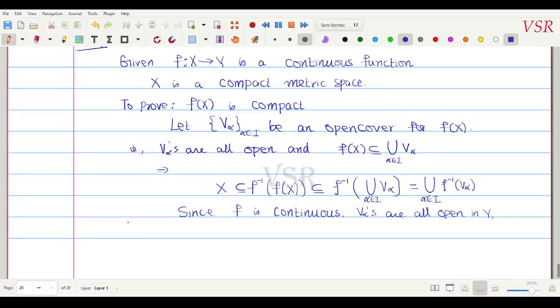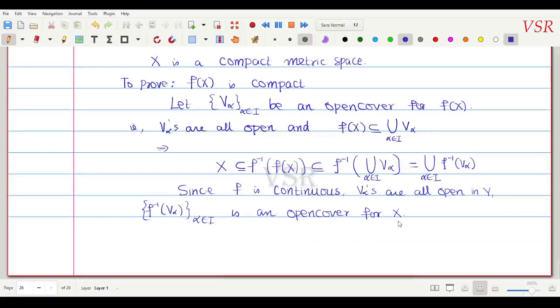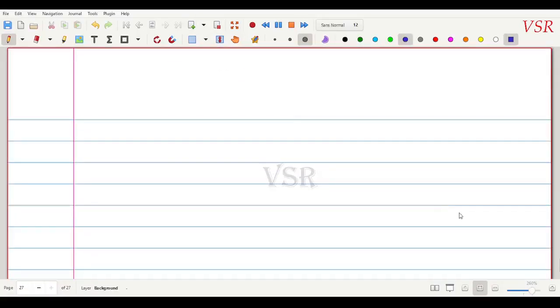So this f inverse of V alpha, where alpha belongs to capital I, is an open cover for யாரோட open cover, capital X உடைய open cover. Already என்ன கொடுத்திருக்கோம், this capital X is compact னு கொடுத்திருக்கோமா, அப்போ அதை அப்படியே வைக்கிறேன்.